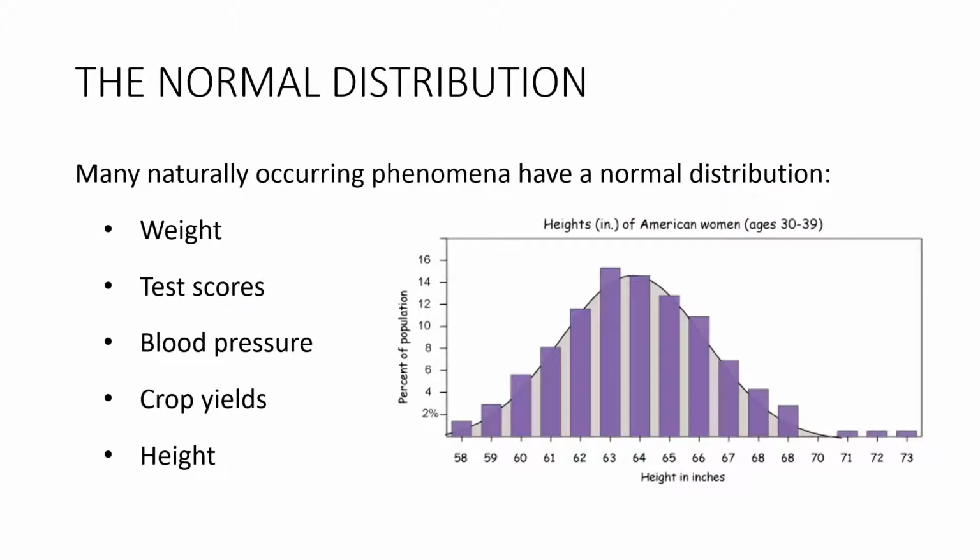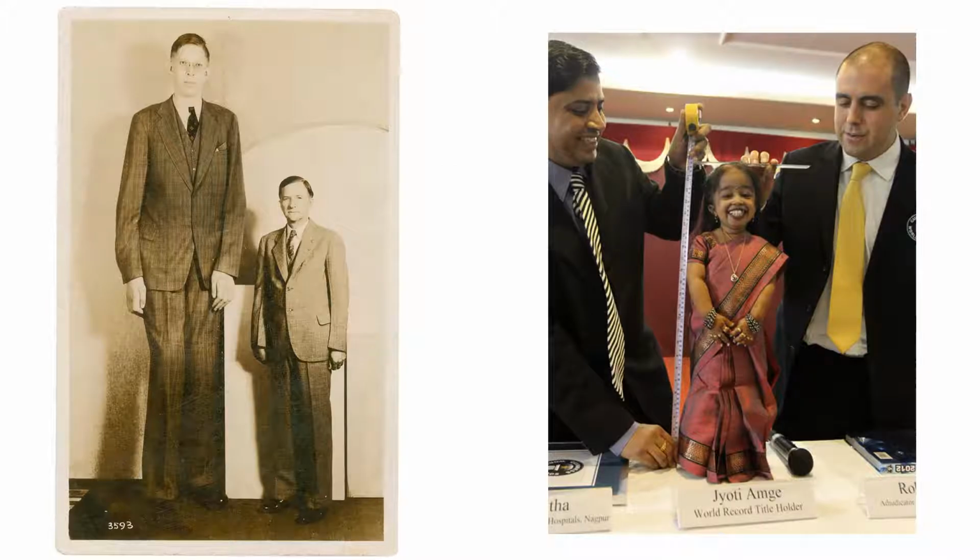Now, many naturally occurring phenomena have a normal distribution, like weight, test scores, blood pressure, crop yields, and height. Here's a graph of the heights in inches of American women. You can see the bulk of the women have heights in here. We have some very tall women and we have some shorter women. But there can be extremes. So we're going to find out shortly that almost all humans lie within 3 standard deviations of the mean.